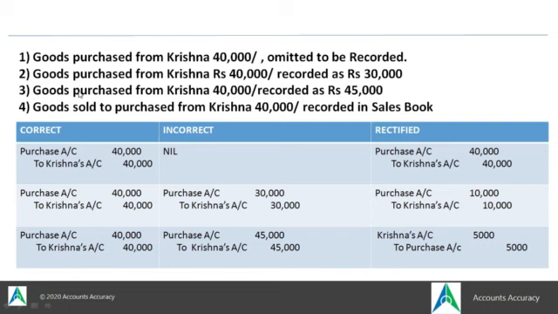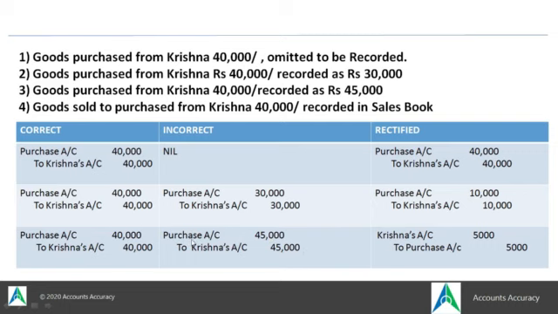The third one is what? Goods purchased from Krishna 40,000 recorded as 45,000. Now you can see here it got recorded with 5,000 extra. In the second case it was 10,000 less, but here extra 5,000 got recorded. So again your correct entry is the same, purchases account to Krishna account 40,000 required to be posted, but it got posted 5,000 extra. So you know very well what will be done.